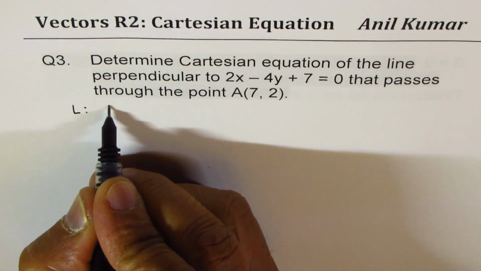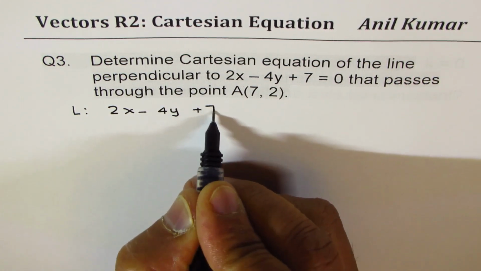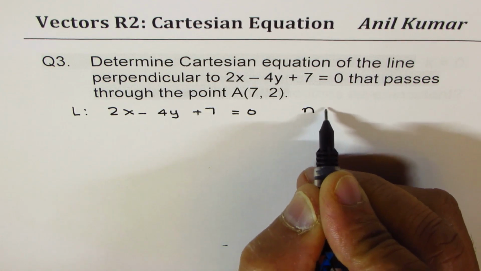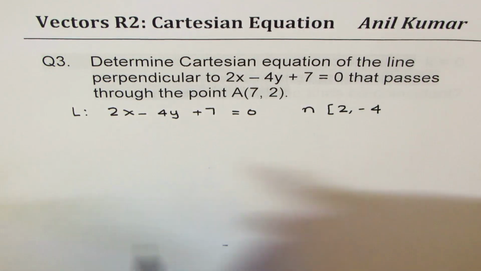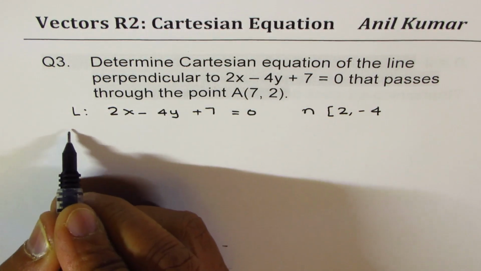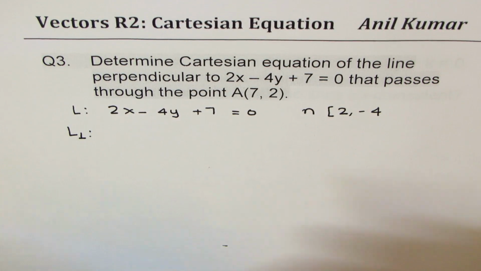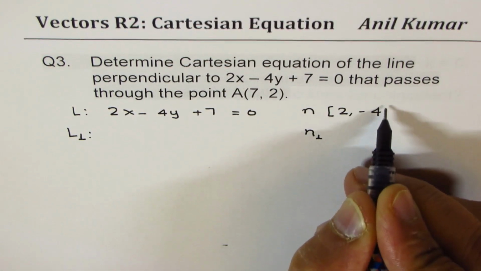So we are given the line which is 2x minus 4y plus 7 equals to 0. Now for this particular line, what is the normal? The normal vector here is (2, -4). Now we want a line which is perpendicular to this line, right? So for that, the normal vector should be what?